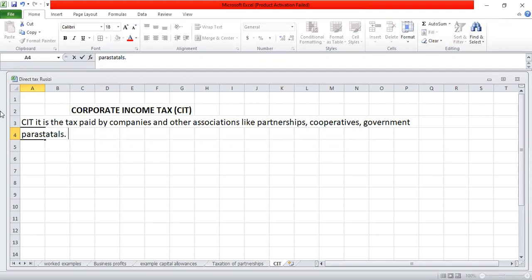And the CIT rate is 30%. And the tax period is from 1st January to 31st December.